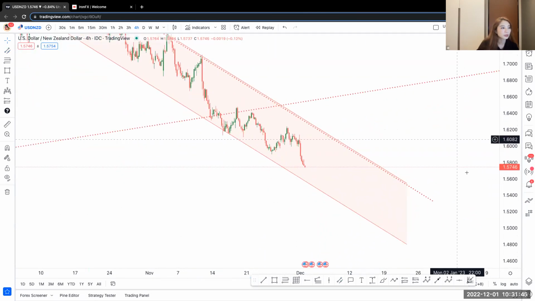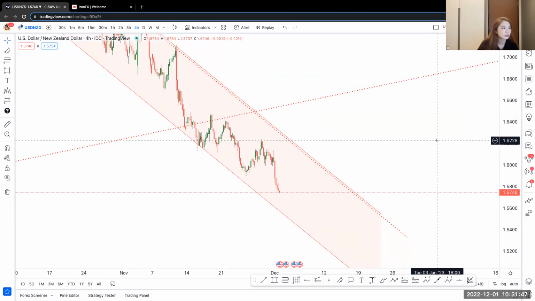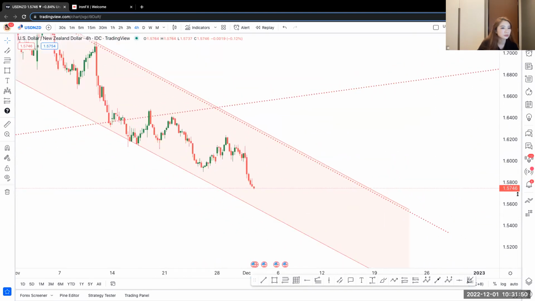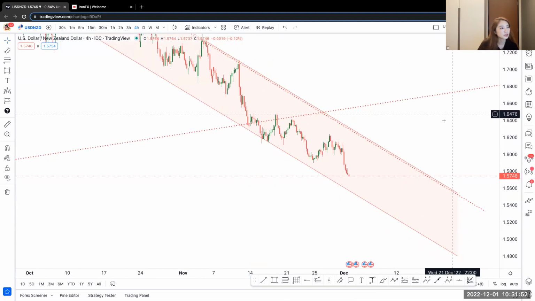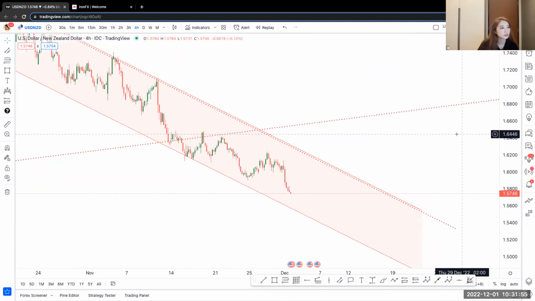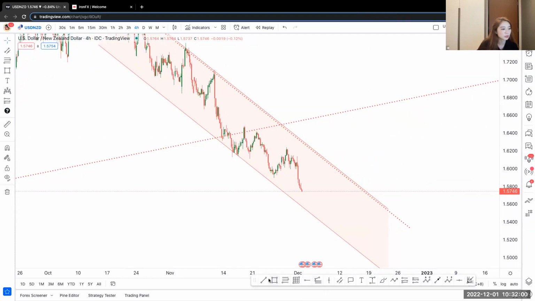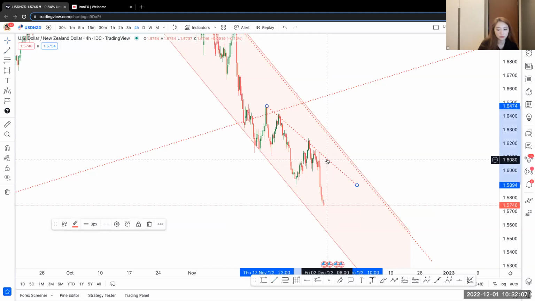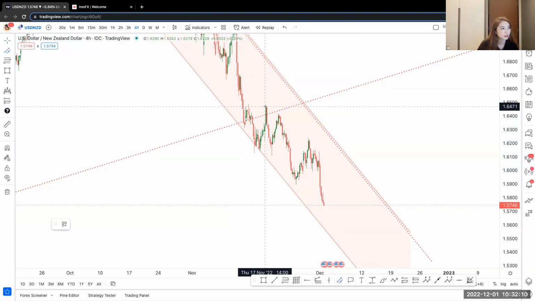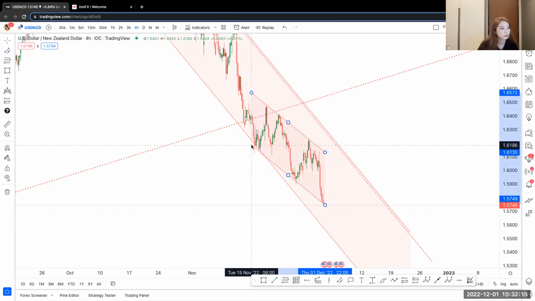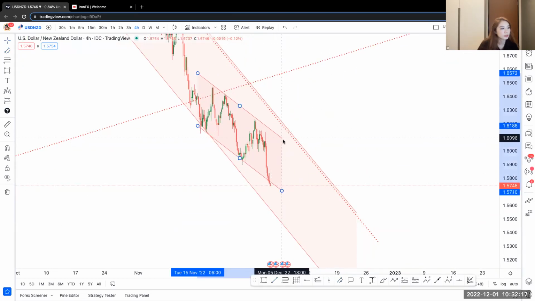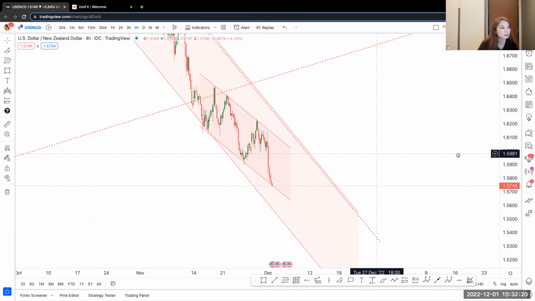We are pretty much in between the channel and the down drop. There was an even smaller drop here. If you want to look at it this way, or you could look at another channel.